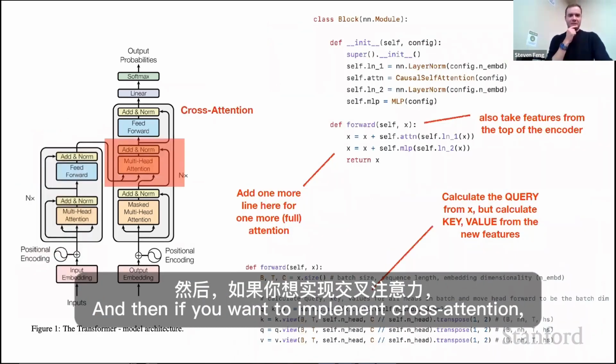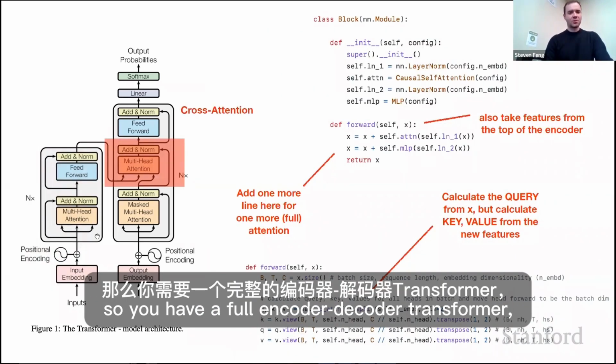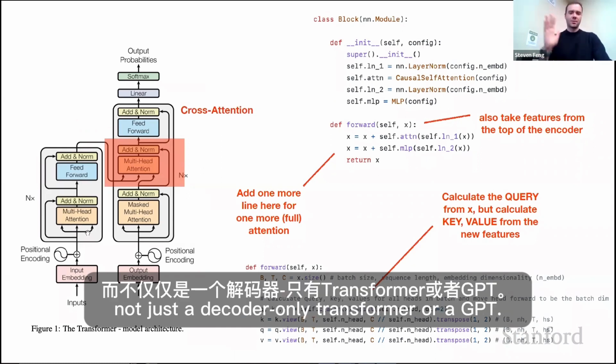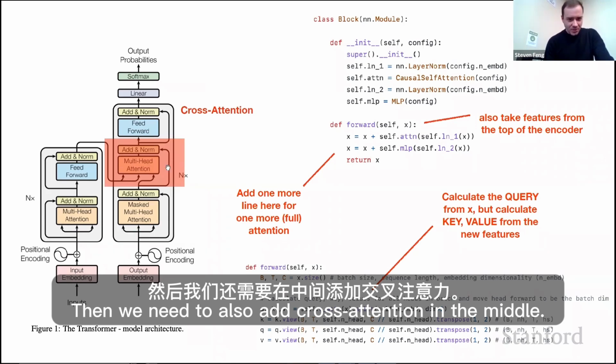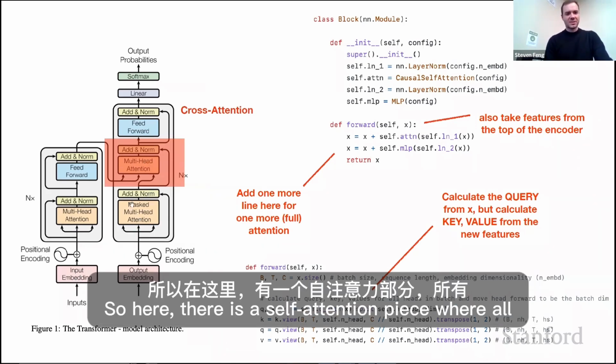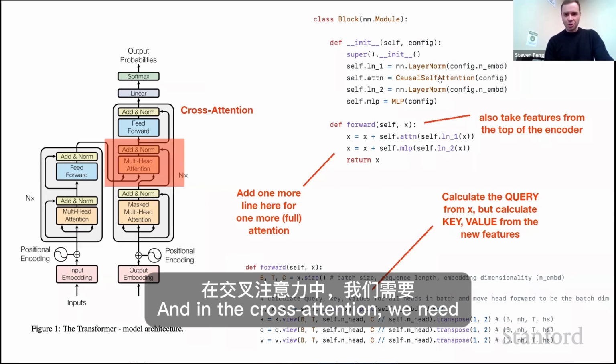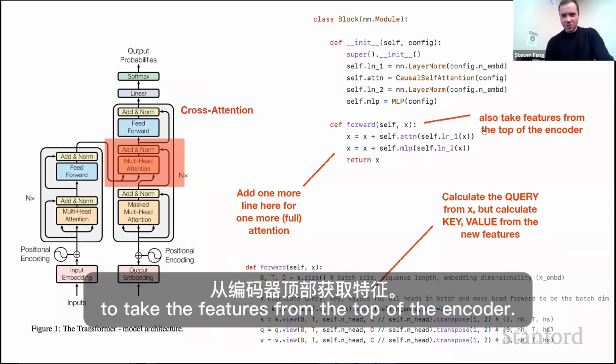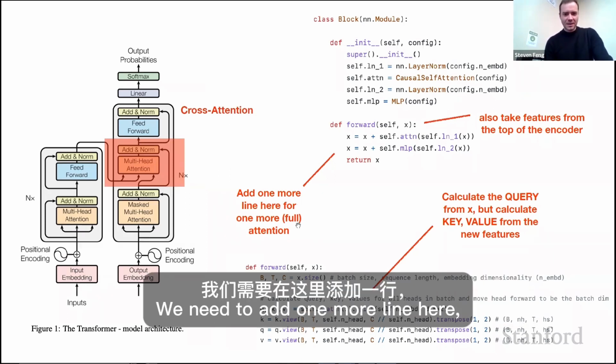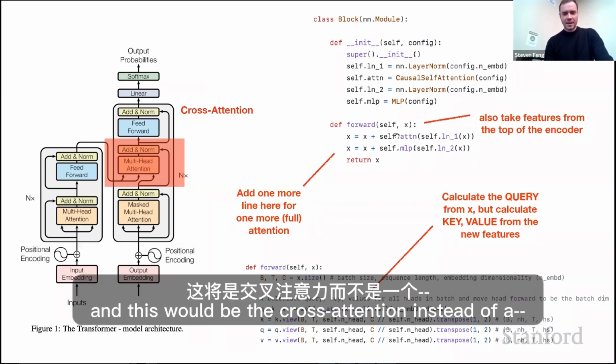And then if you want to implement cross attention, so you have a full encoder decoder transformer, not just a decoder only transformer or GPT, then we need to also add cross attention in the middle. So here there's a self attention piece, a cross attention piece, and this MLP. And in the cross attention, we need to take the features from the top of the encoder. We need to add one more line here, and this would be the cross attention.